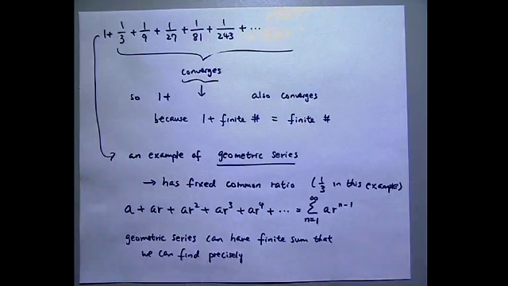So in other words, when you're encountering a geometric series, if certain conditions are met, we can find out that finite sum without making a big long table and then finding a limit. Okay, so let's look at how we can find these sums.